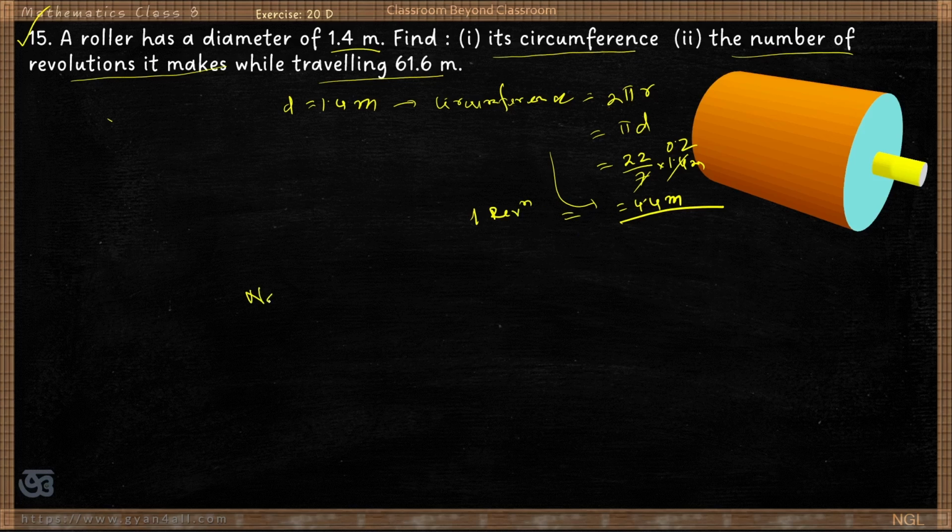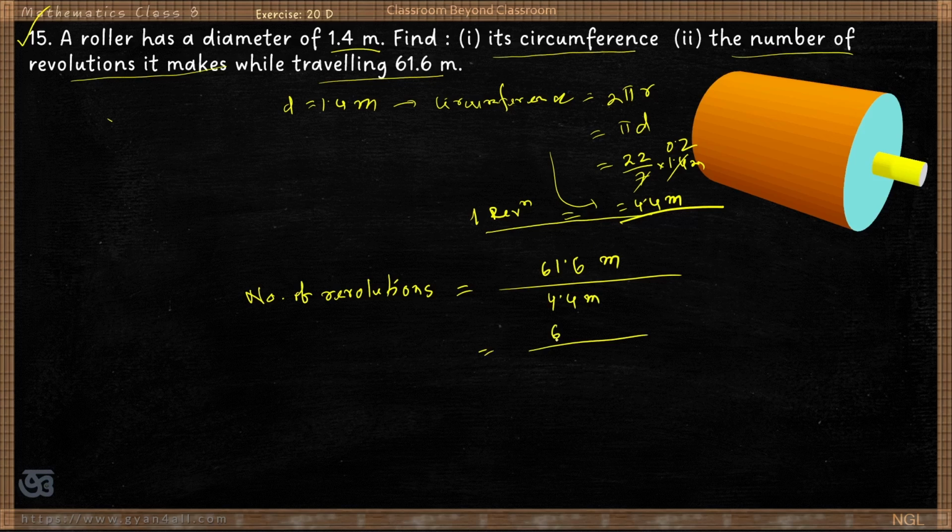So what is the number of revolutions? Number of revolutions is equal to total distance traveled, 61.6 meter, divided by distance traveled in 1 revolution, that is 4.4 meter. Remove the decimal. 616 divided by 44. So 4 11s are 44. 4 1s are 4. 4 5s are 20.